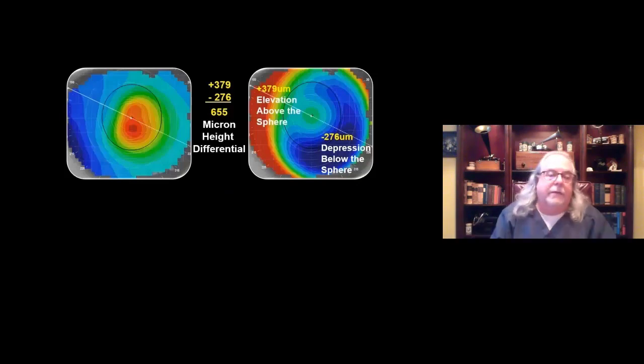Now, let's take a look at this cornea and put it through the same exercise. The highest spot, the lowest spot, and now our height differential is 655 microns.